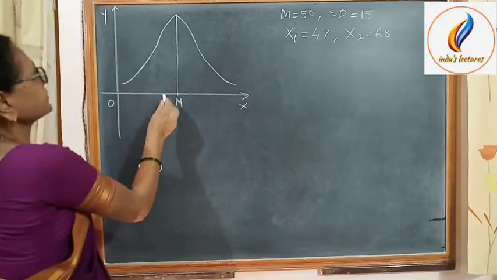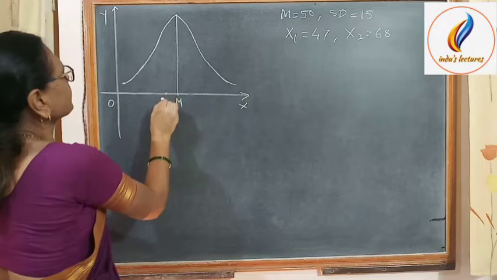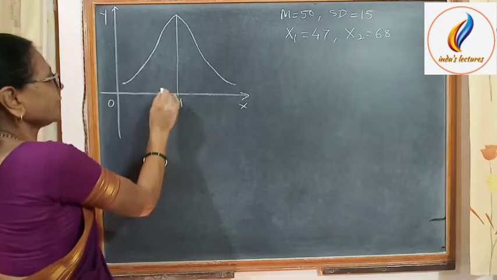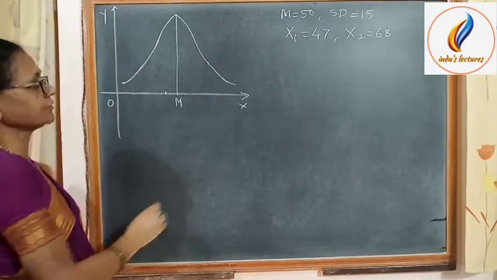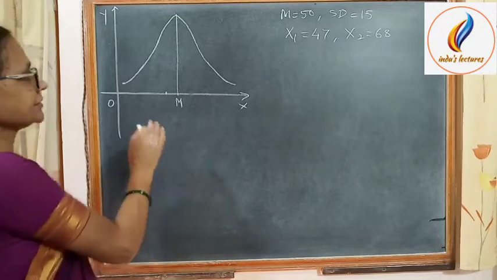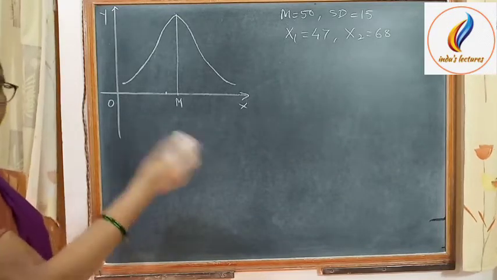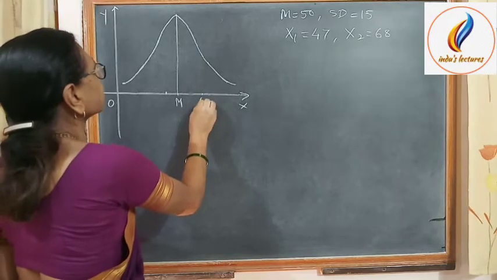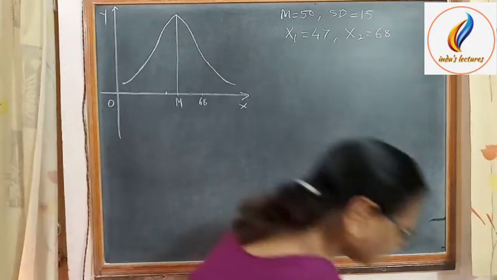So this point shows the position of score 47, and the next or second score is 68. The 68 score is on the right side of the mean, somewhere here. Now we draw the lines.